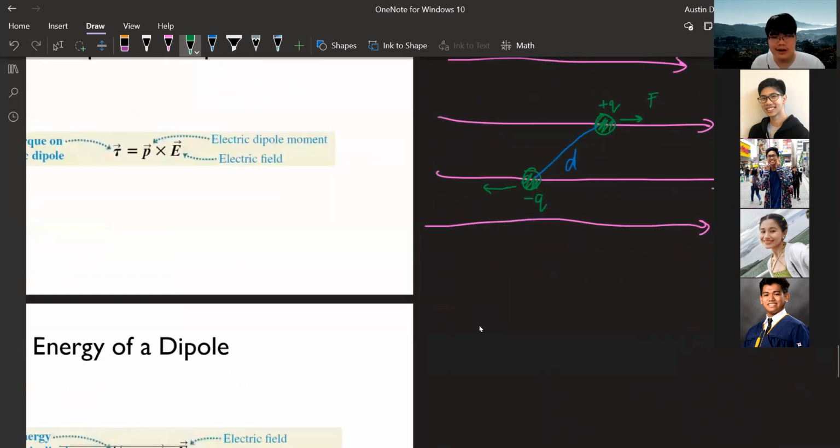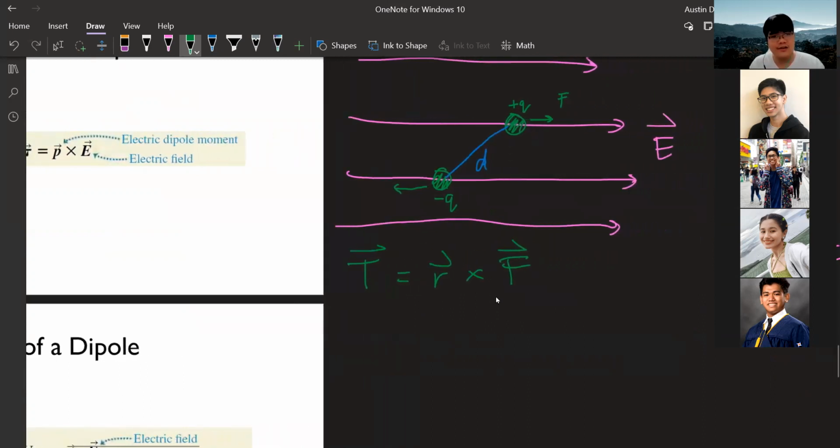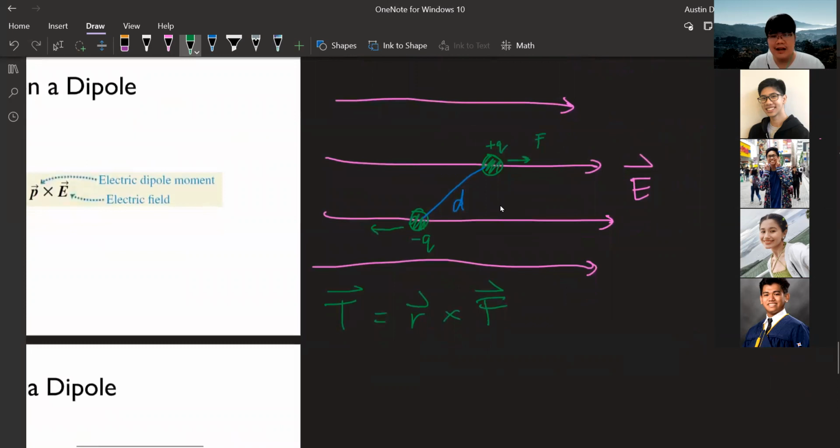Okay? So yung torque is usually given by R cross F. Okay? And cross is your cross product. Yung kailangan nyo ng angle. So let's denote an angle here, theta kunyari, theta.